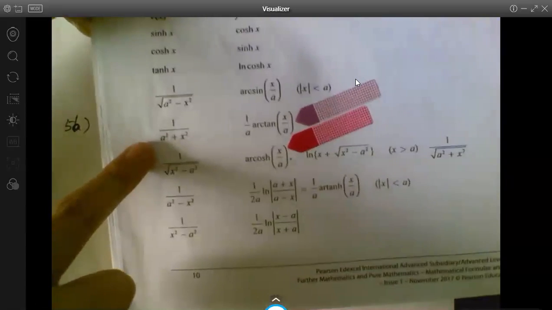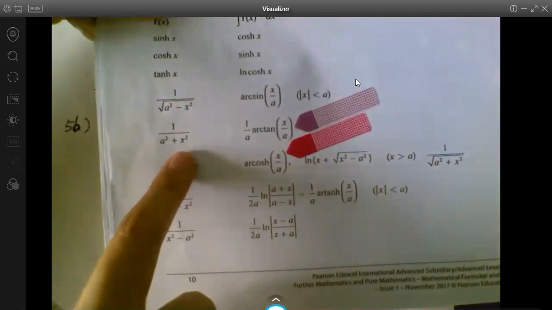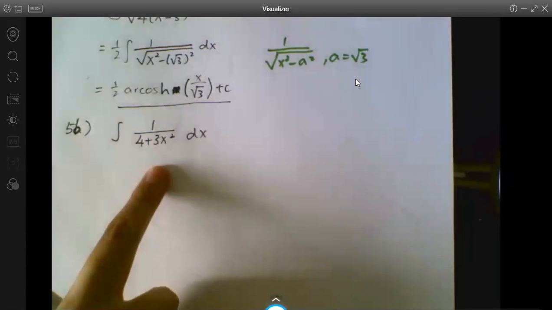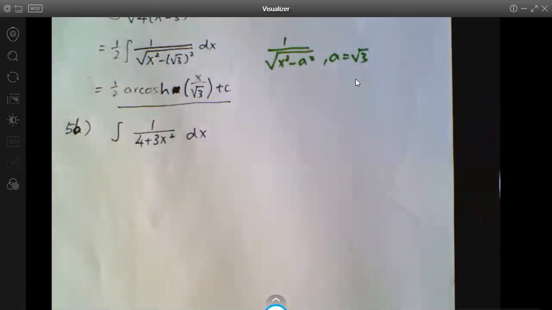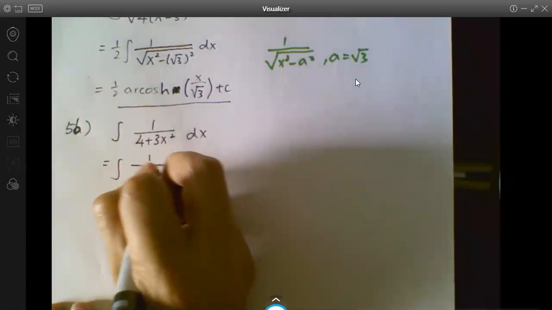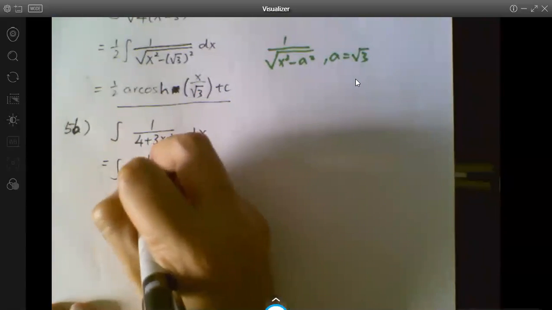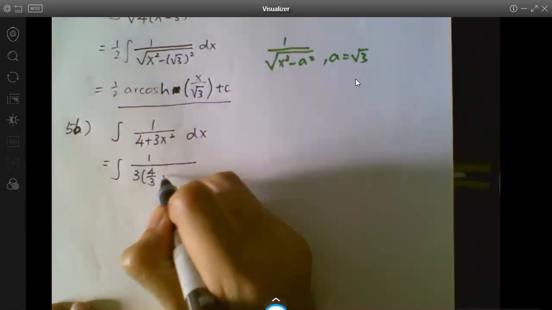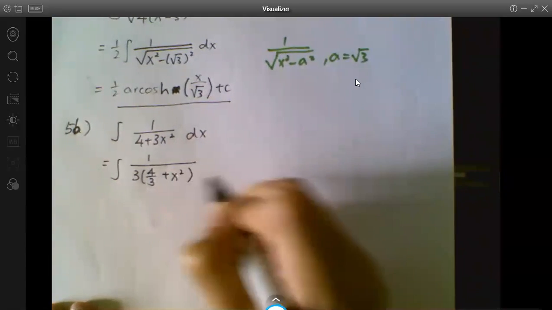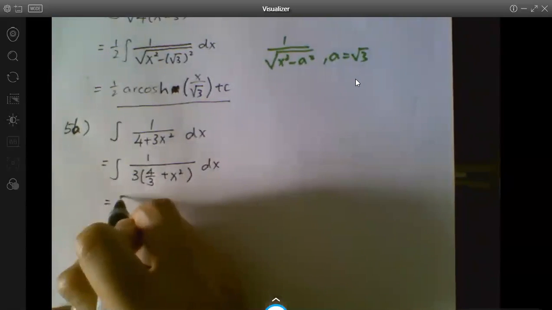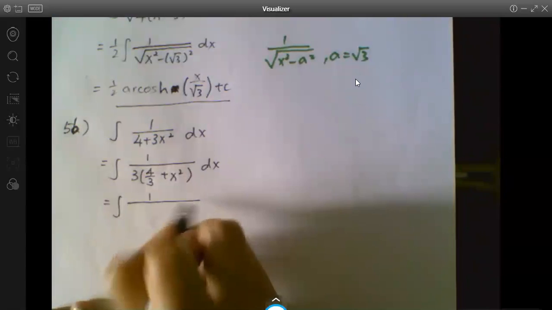First, we need to change the coefficient of x squared to 1. In the question, the coefficient of x squared is 3. So we need to deal with that. Take out 3. So this becomes 4 over 3 plus x squared. You can do it in a single step if you can skip.